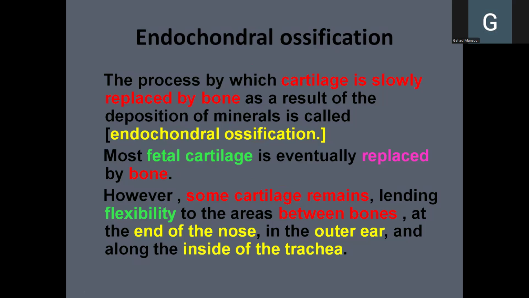And this persistent cartilage stays for a certain purpose, because the cartilaginous matrix, as we said before, is rubbery and flexible because it contains specific proteins that give it this consistency, and therefore cartilage will remain in the cartilaginous surfaces between the bones, which we call the articular cartilage, because they are related to the joints between the bones.